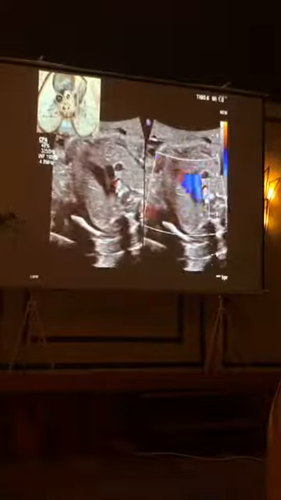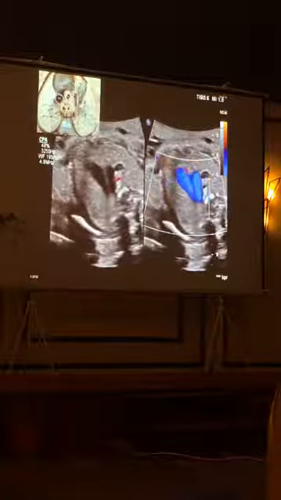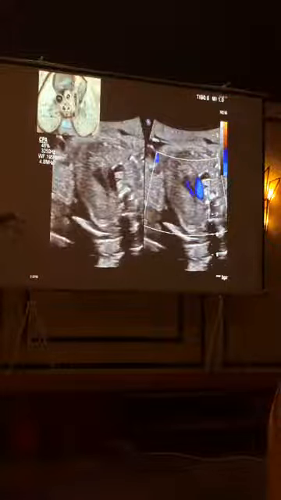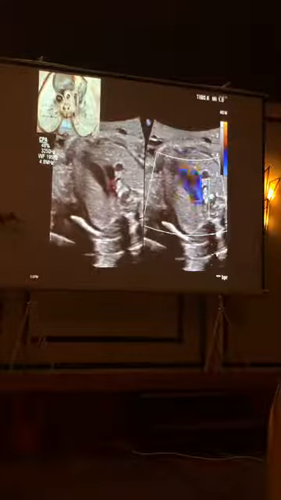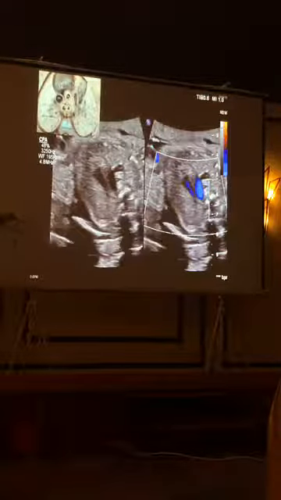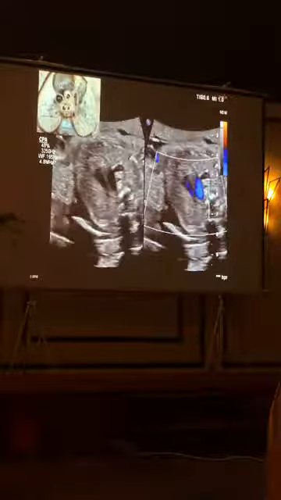That, of course, is also very nicely shown by the position of the trachea, which is here. So this is our three-vessel trachea view, as it should be. So the ductus arteriosus, aortic arch, superior vena cava, and the trachea, and the great vessels are to the left of the trachea. The superior vena cava is to the right.